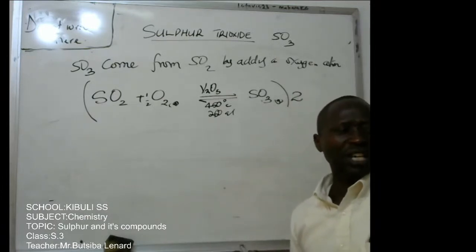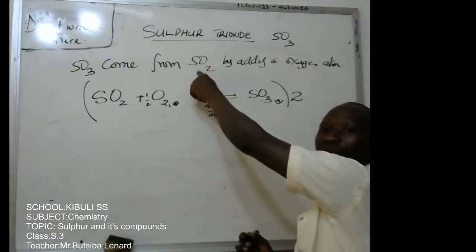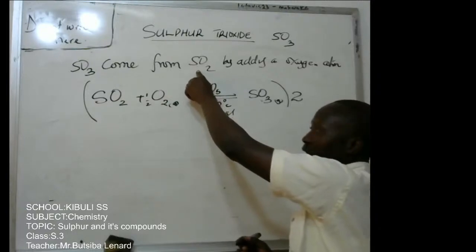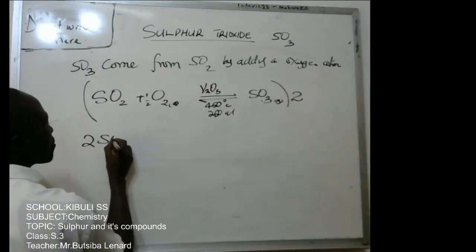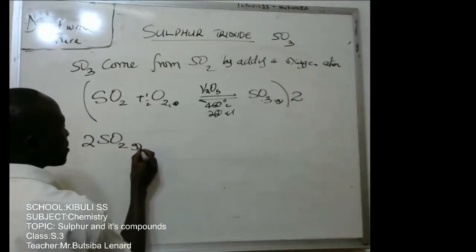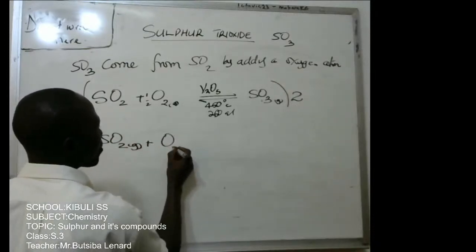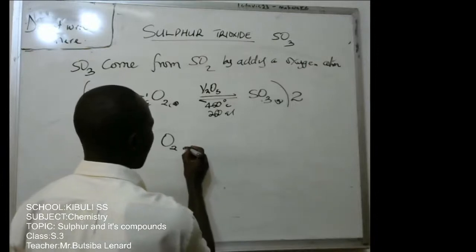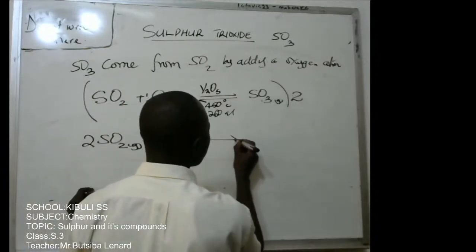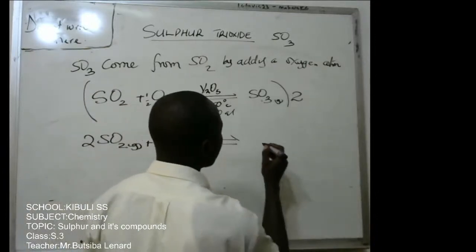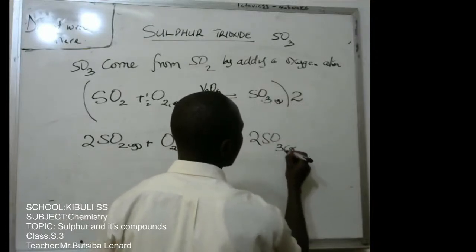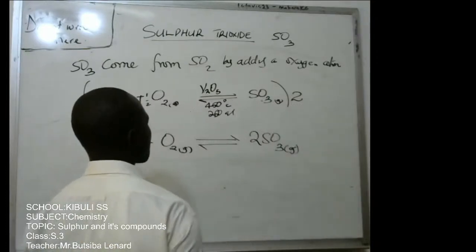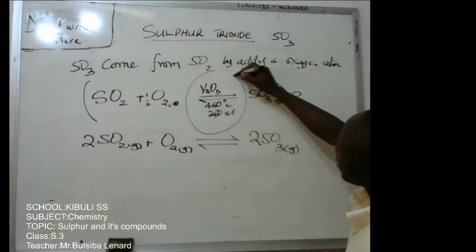But when you add an oxygen molecule, you have to deal with more than one molecule of sulfur dioxide. So when I multiply by 2, I get 2 moles of sulfur dioxide, a gas, which will now combine with 1 molecule of oxygen, a gas, reversible with all those tough conditions, to give 2 moles of sulfur trioxide, in the form of a gas. So what do we need? We need 2 things here.